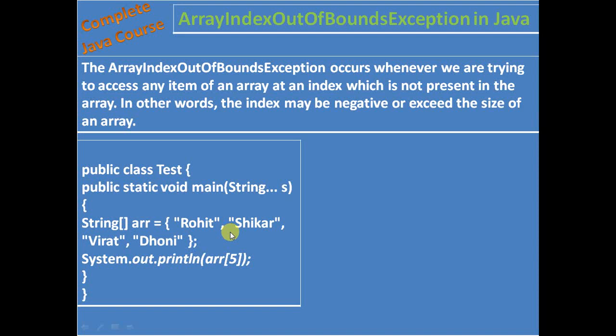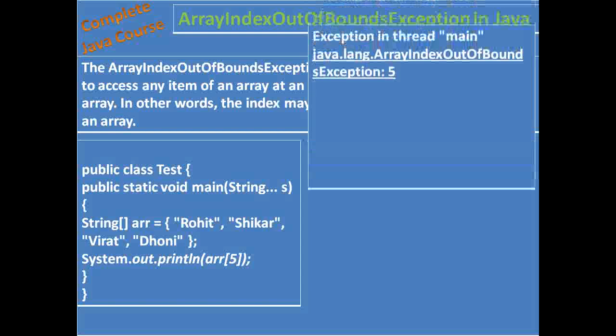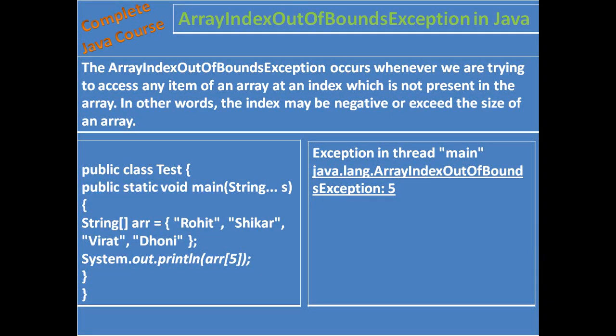If we access any element from index 0 to 3, we will get the output. But if we try to access out of range, suppose array[5], there is no element at index 5, so it will throw the ArrayIndexOutOfBoundsException.